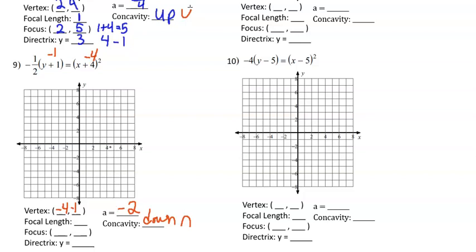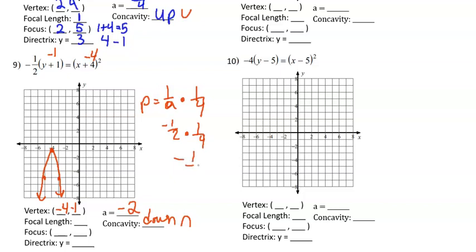Let's go ahead and plot that point. -4, -1. Okay, your focal length is P equals 1/4, or 1 over A times 1/4. 1 over A is -1/2.